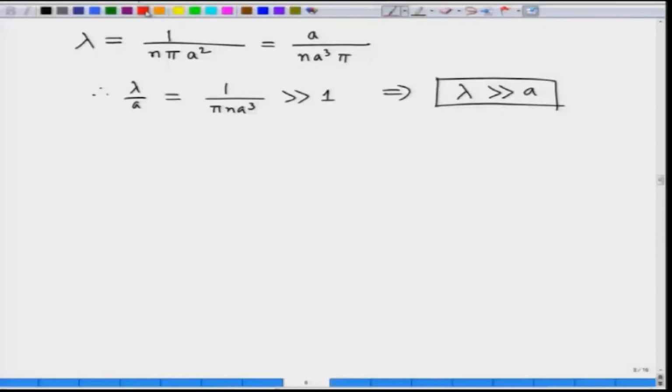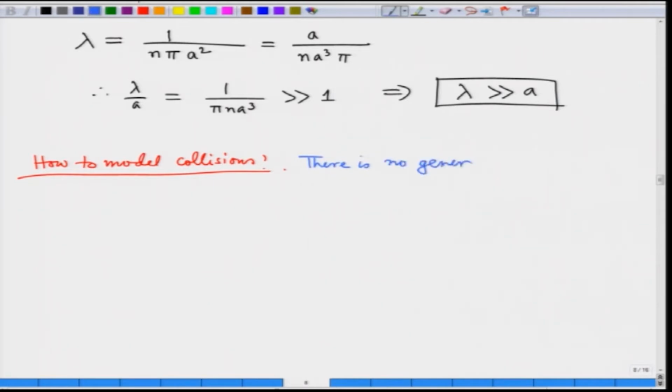Now, the question is how to model collisions. The answer is there is no general recipe.